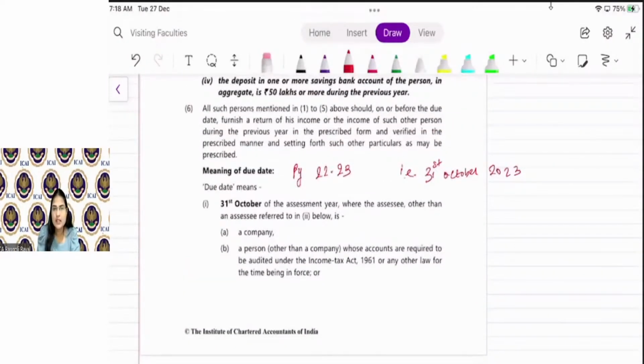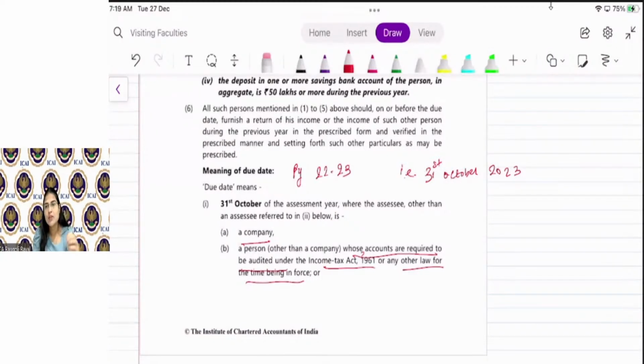If the assessee is a company, or if the assessee is a person other than a company whose accounts are required to be audited under the Income Tax Act or any other law for the time being in force. Say, for example, you are a partner in a partnership firm and your partnership firm's books of account are required to be audited.